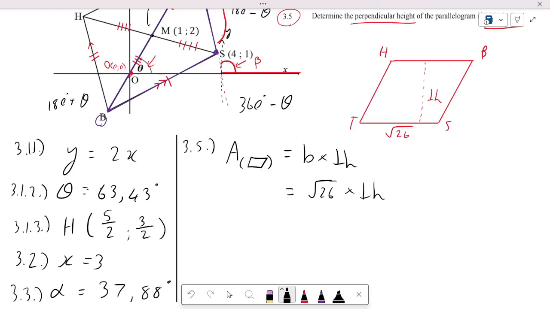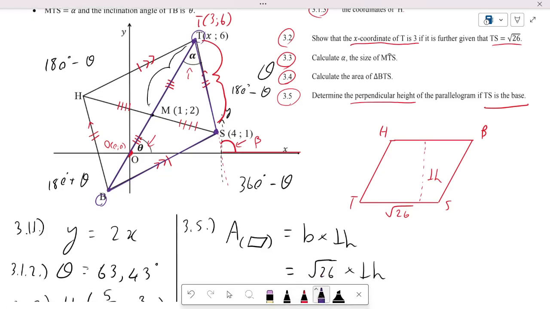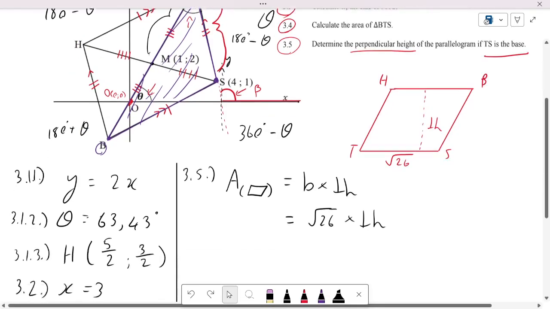And the area of a parallelogram goes as follows. We know what the area of this triangle is, and from that information, we know that the other triangle, the one we didn't find the area for, is exactly the same as the area that we have determined, because of the properties of the parallelogram.